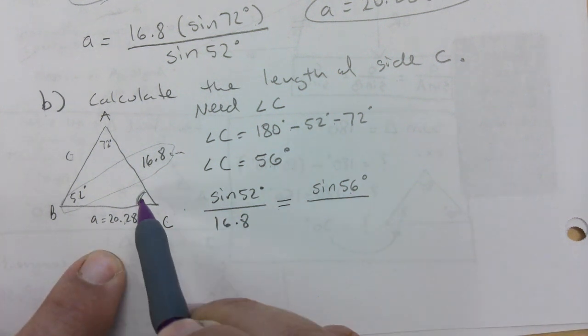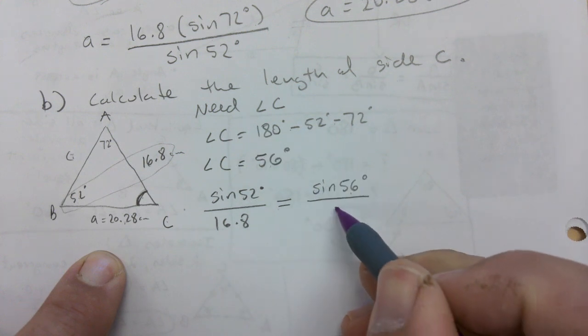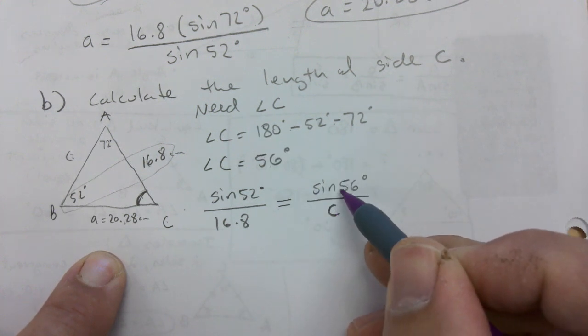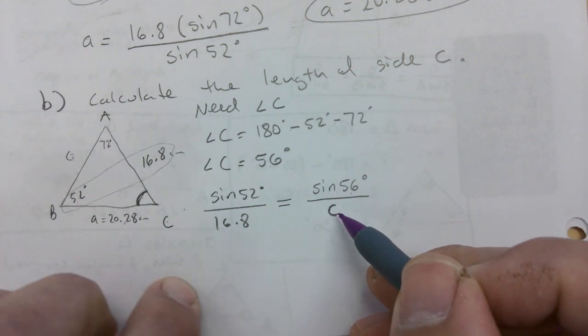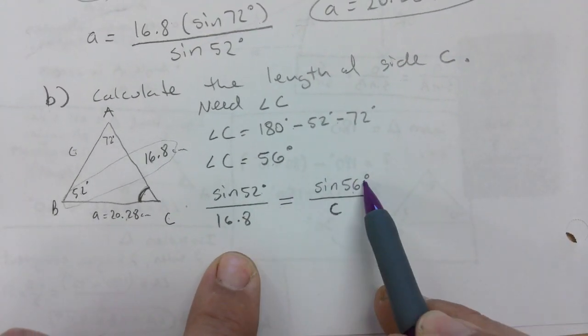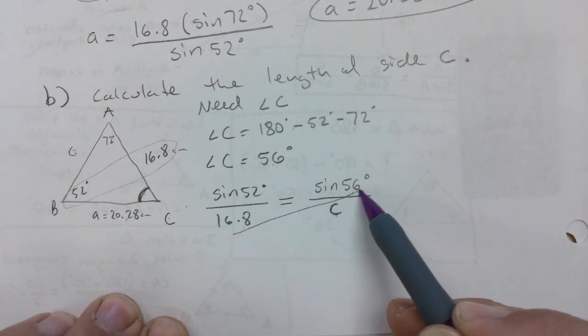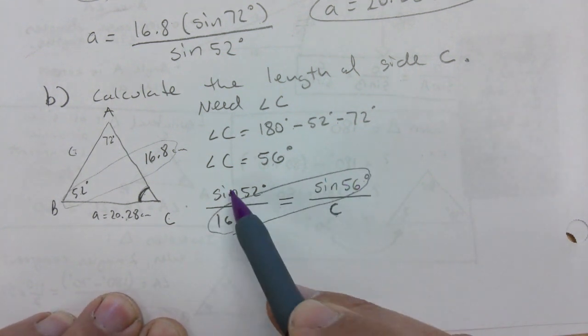Since 56 is located here, you put side C down here, because they're across from each other. And notice that I have angle and angle, side and side. Okay, so here you would cross multiply that way and divide by that.